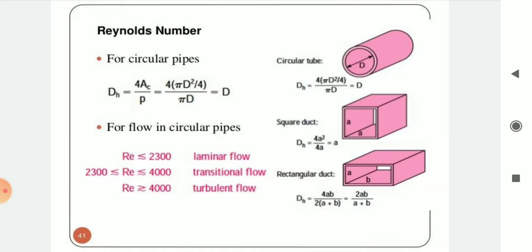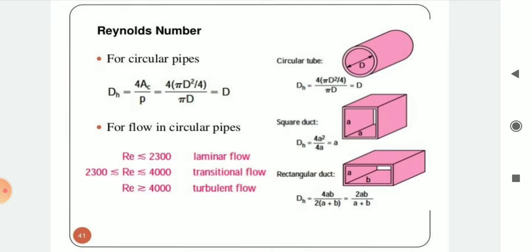Circular tube: DH is equal to 4 into pi D squared divided by 4, divided by pi D, which is equal to D. In a square duct, DH is equal to 4A squared divided by 4A, which is equal to A. Then rectangular duct: DH is equal to 4AB divided by twice A plus B, which is equal to 2AB divided by A plus B.